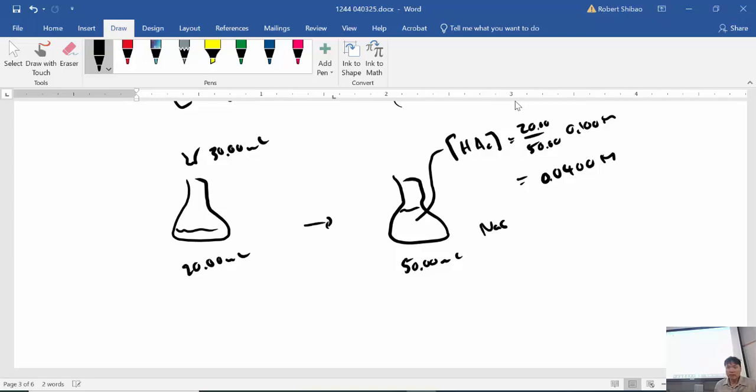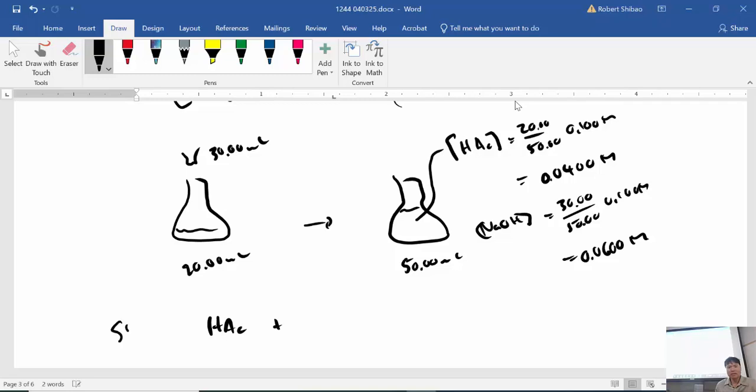The sodium hydroxide is a 30 to 50 dilution at 0.100 molar, so it's a 3/5 dilution: 3 divided by 5 times 0.1 is 0.06. These numbers come out pretty clean, and when you have nice clean numbers like this, it makes the ICE table a lot neater.